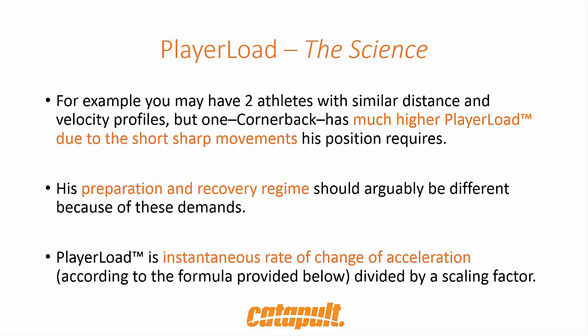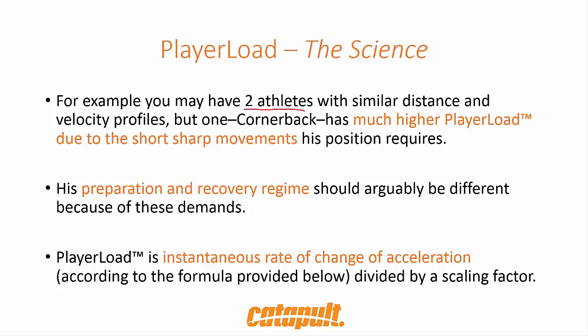So the science behind it, and what really we devised it for, I guess, is if you have 2 athletes who have a similar distance in terms of velocity. So you take 2 cornerbacks and they have the same distance overall in our run and sprint, but one has a lot more higher, sharper movements, resulting in a higher player load.